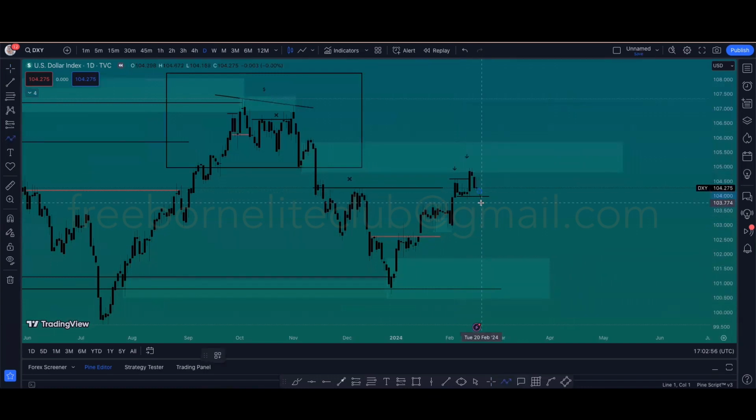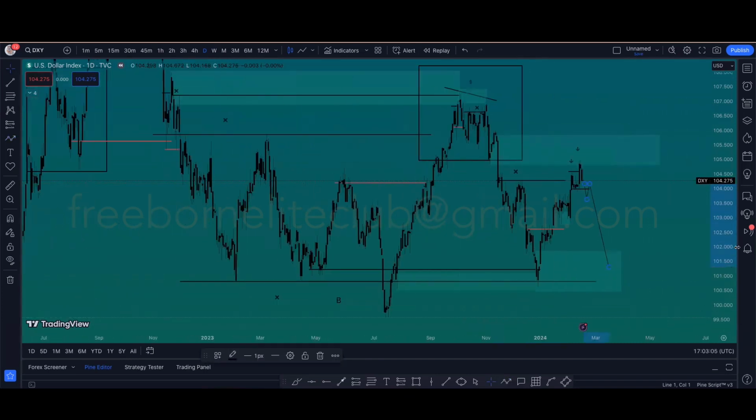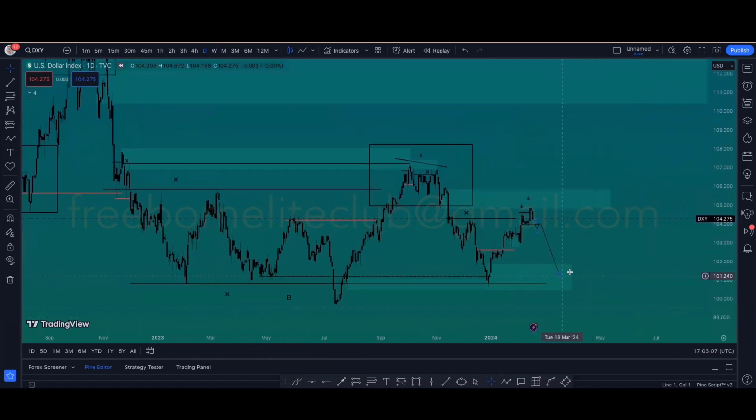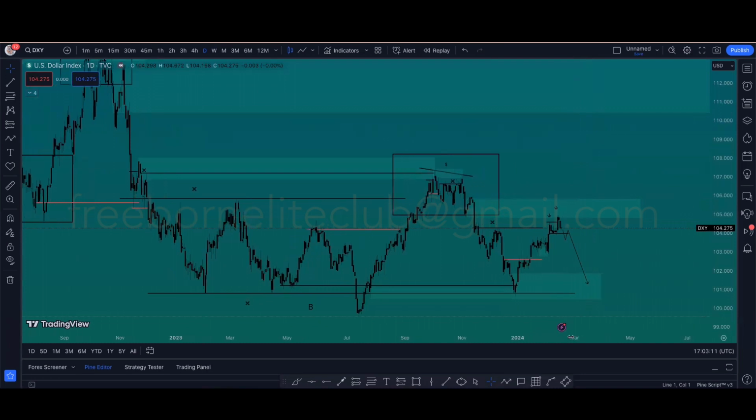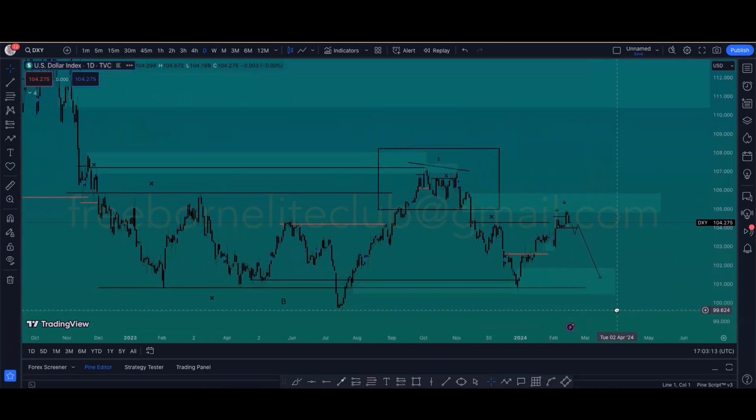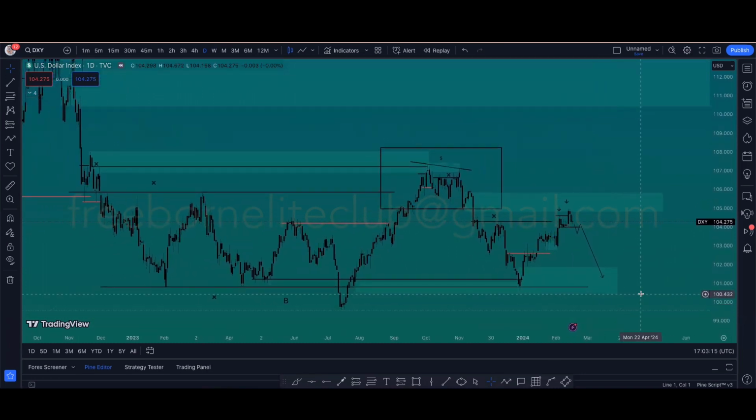Because if it breaks this low, then we're looking for a sell down into these zones. I said, okay, probably want to see an accumulation to then take price up. But then again, this is DXY, and the DXY lags with the Euro USD.